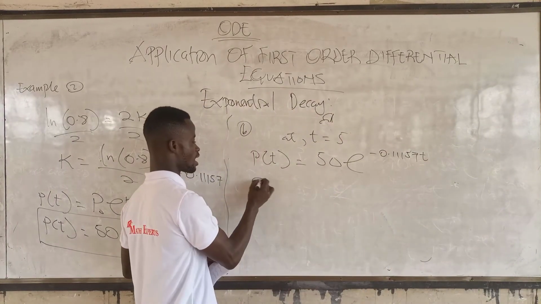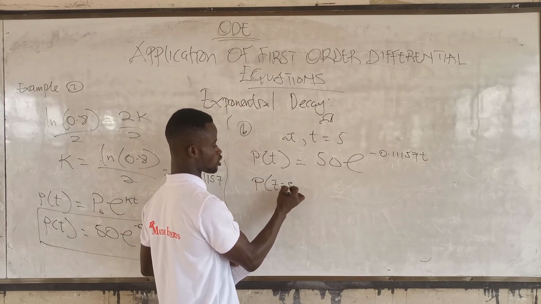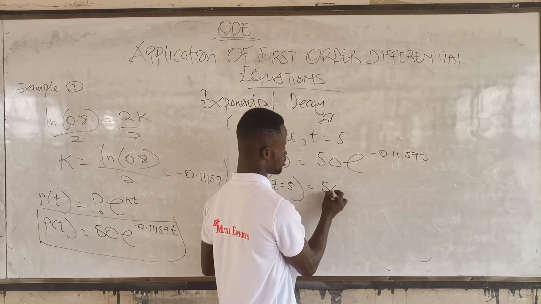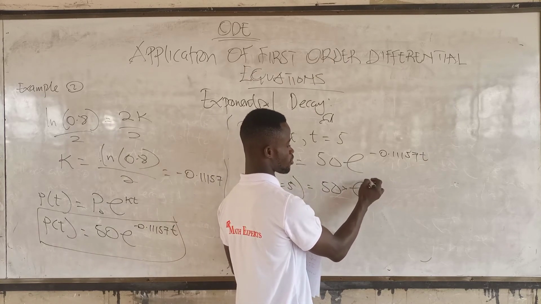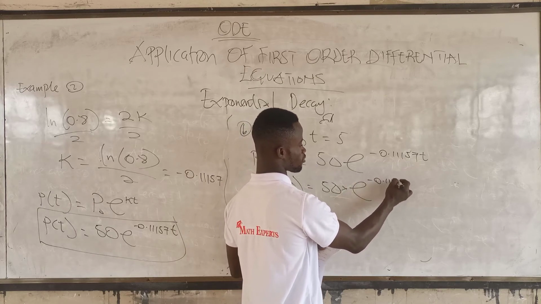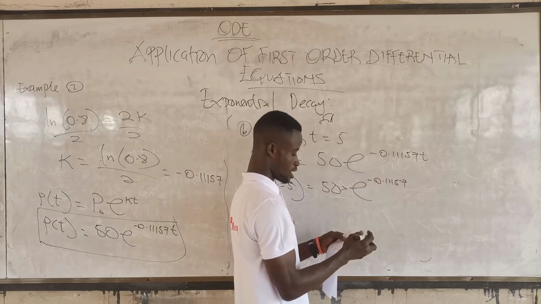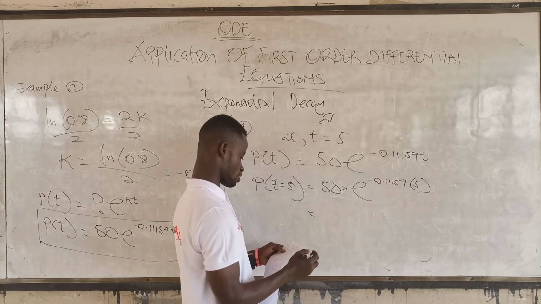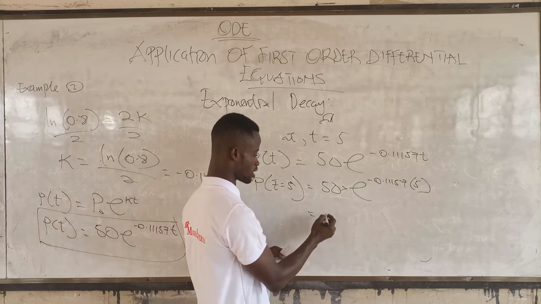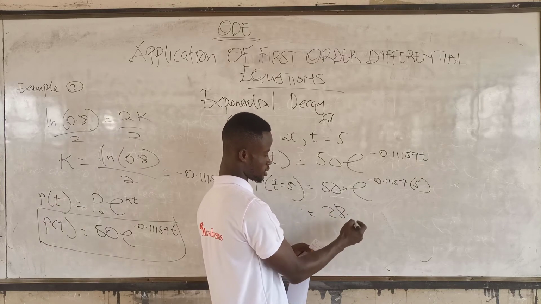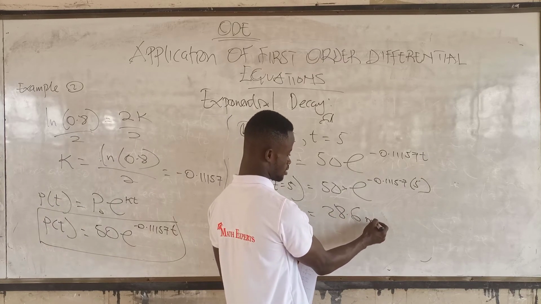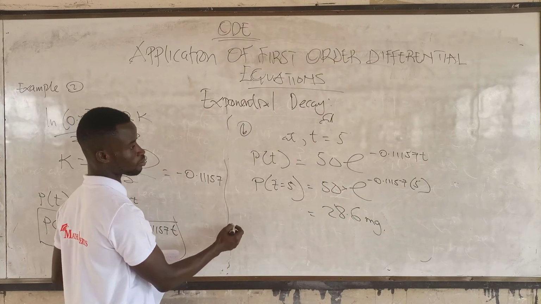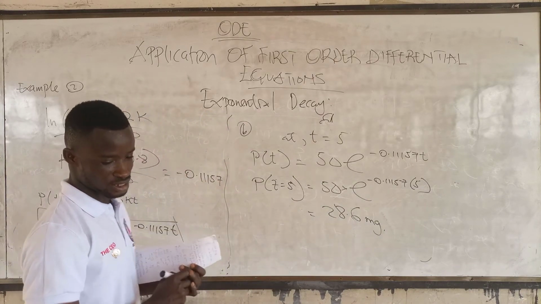So now here, t is equal to 5. So what is going to be that? 50 times e raised to the power negative 0.11157, and t here is 5. Alright. When you put your calculator, you're going to get 28.6 milligram.